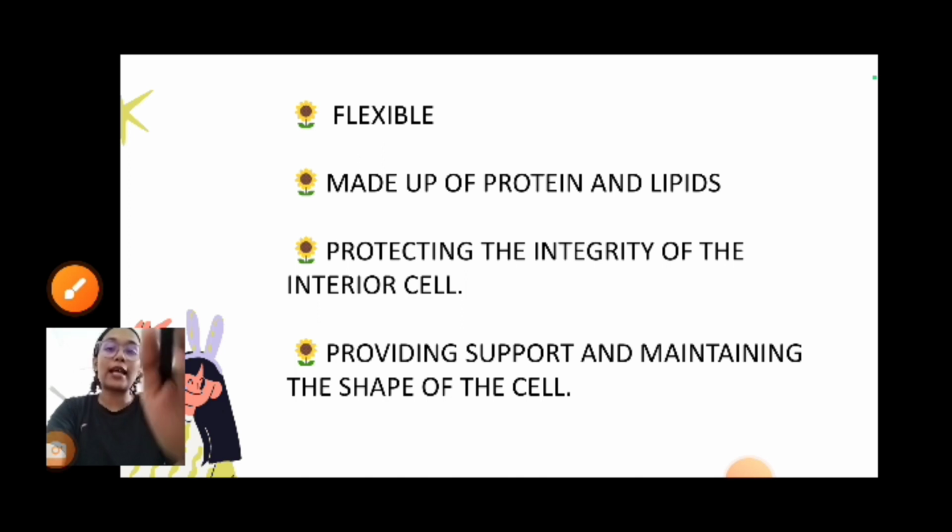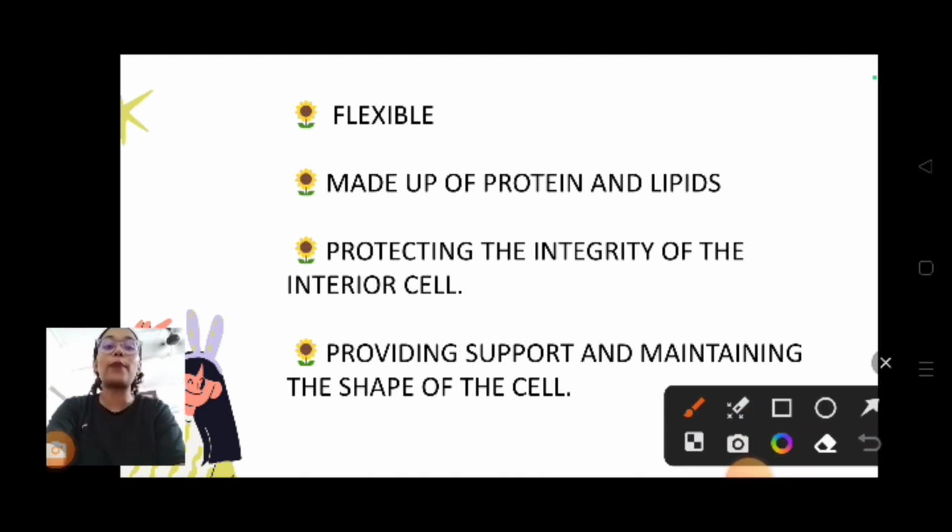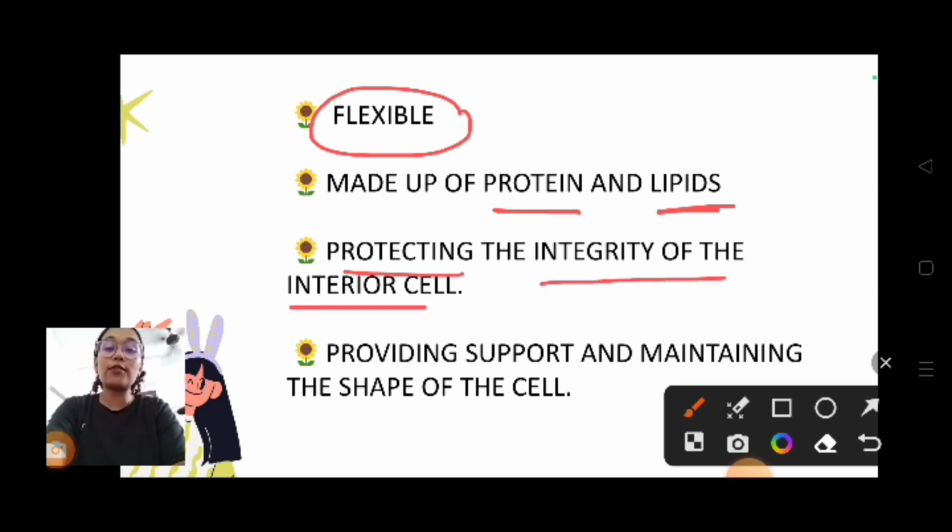These are some characteristic features of the cell membrane. Cell membranes are flexible. They are not rigid. They are made up of proteins and lipids. They protect the integrity of the interior of the cell, meaning whatever matter is present inside the cell, the organelles, the cytoplasm, the nucleus, the cell membrane protects all of them.